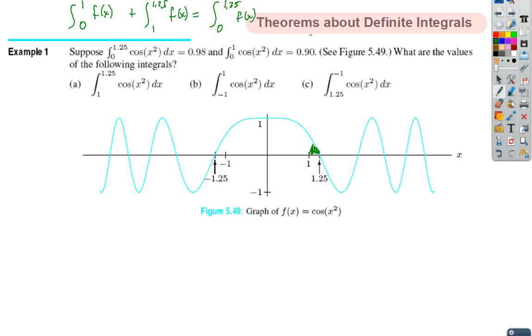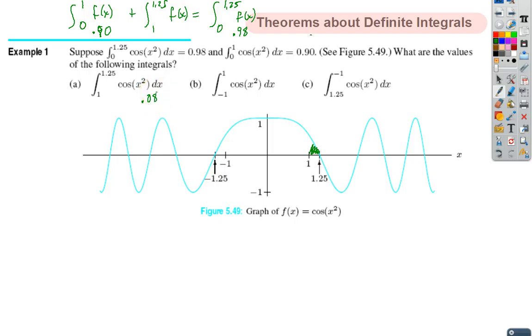That's one of my properties. Now I can plug in what I want: I plug in 0.90, I plug in over here the 0.98, and subtract to find out this is 0.08.